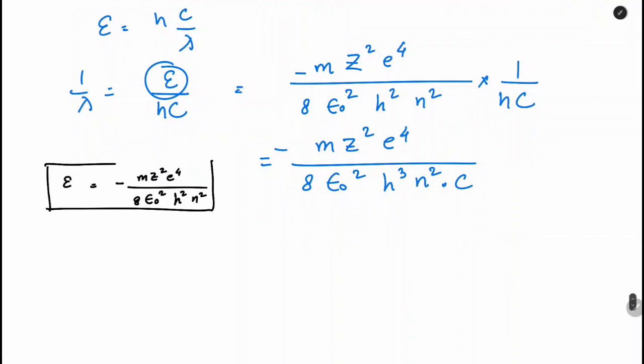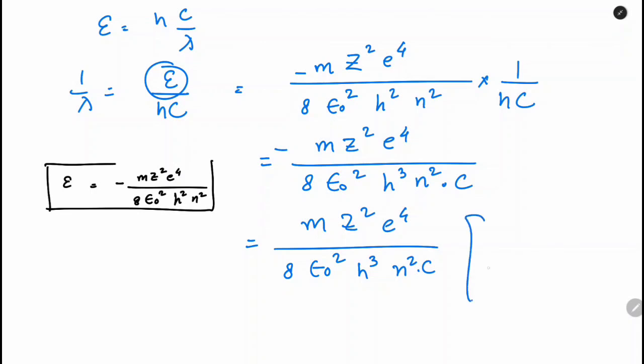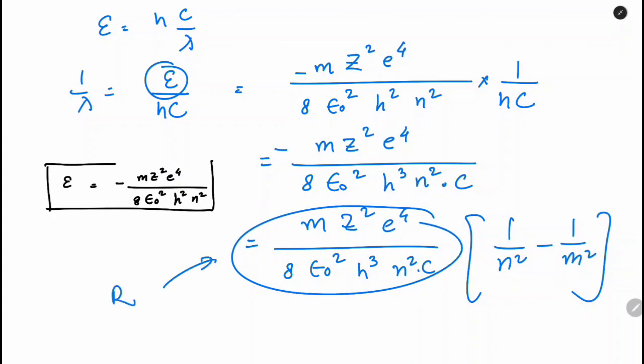If we do that, it will come around as m z square e to the power 4 by 8 epsilon naught square h cube c into (1 by n square minus 1 by m square), and this is the Rydberg's constant. So I hope you have understood.